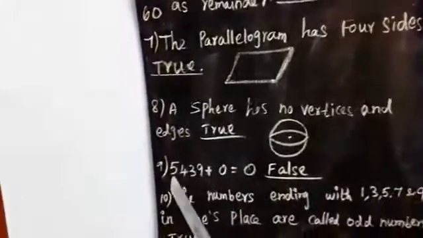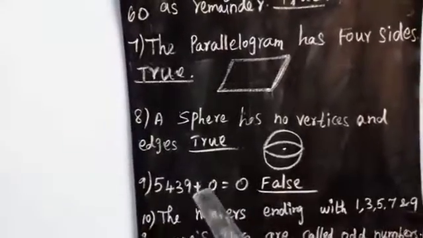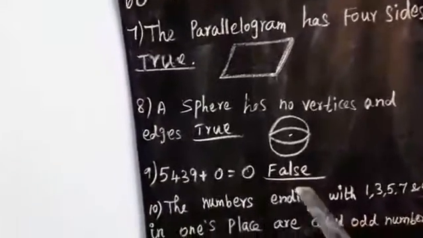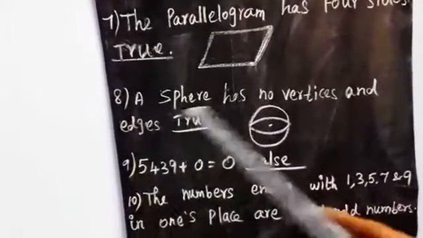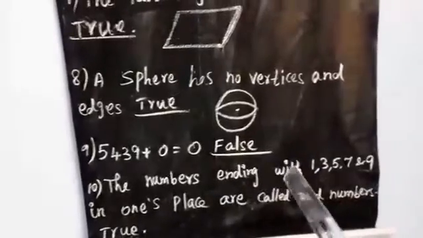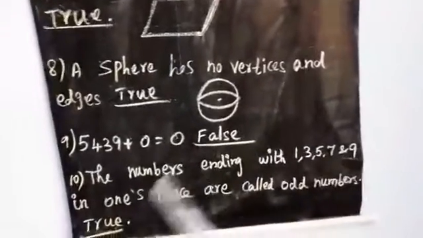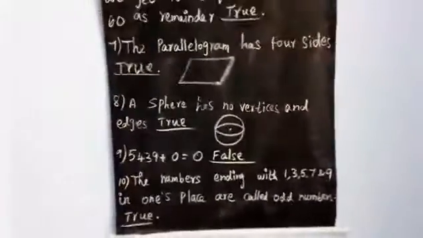So true. 5,439 plus 0 is equal to 0. No, false. Adding 0 we get the number itself. The numbers ending with 1, 3, 5, 7, 9 in ones place are called odd numbers. Yes, true.